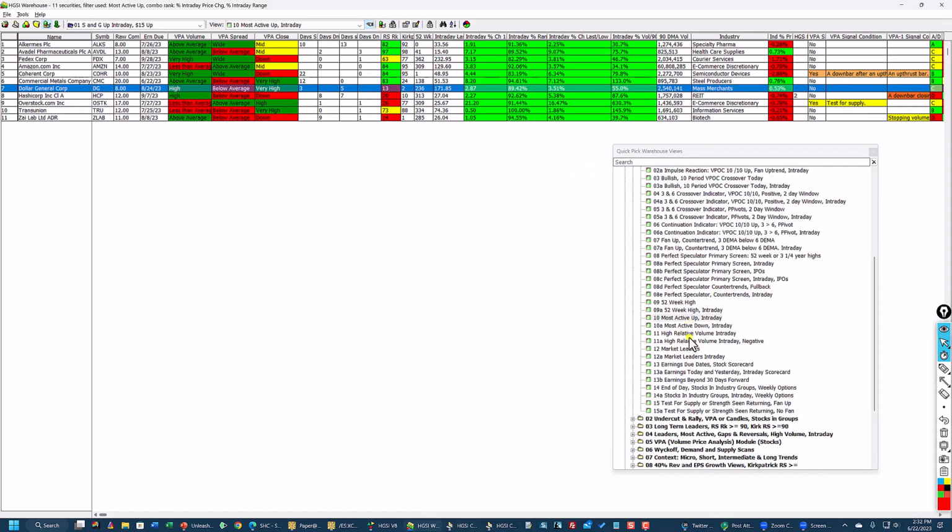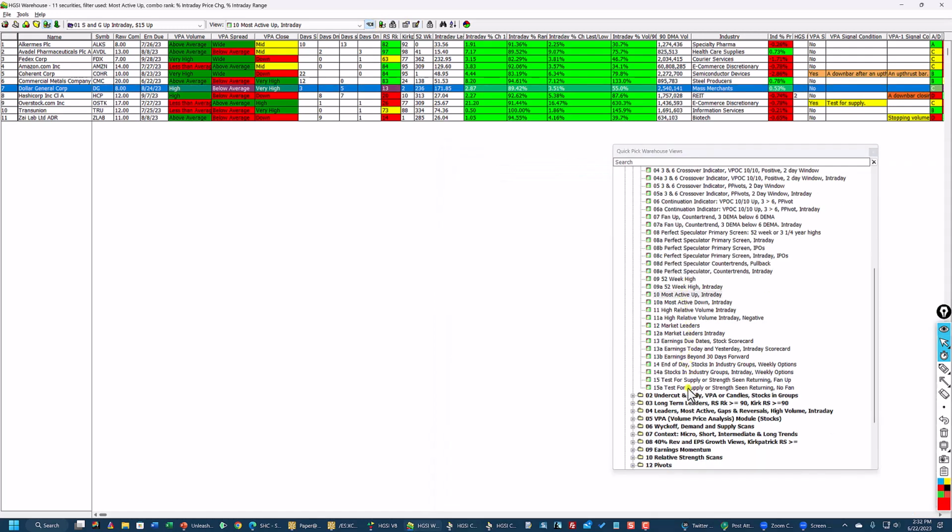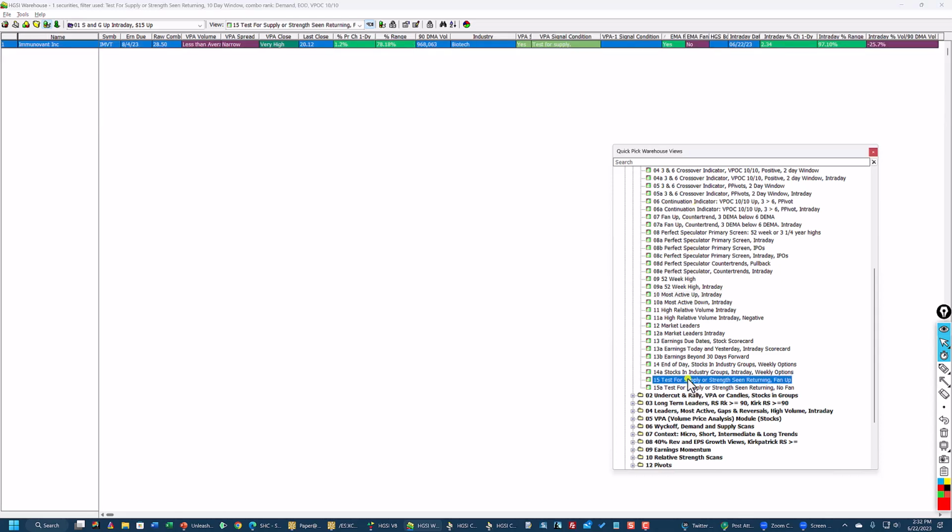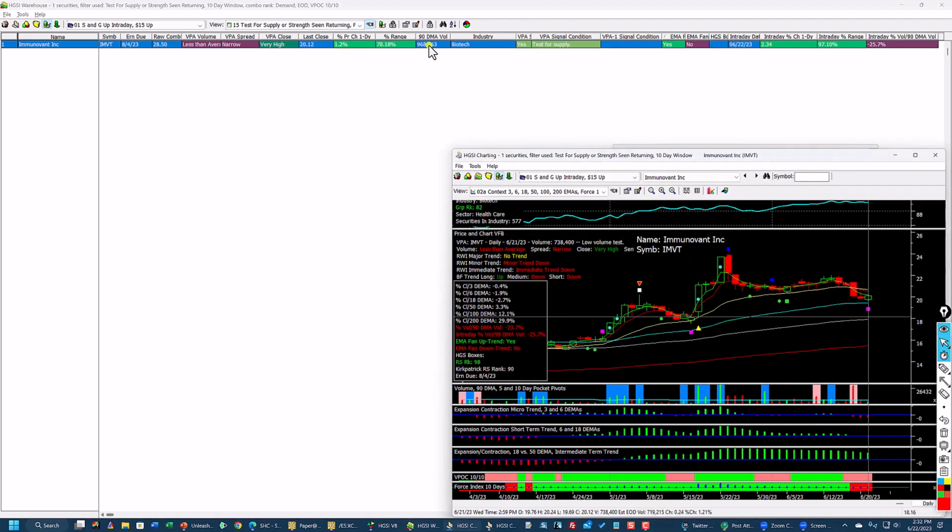Let me bring this back. I'm not going to go through all these, but you can just go through and figure out what most of these are. Let's see if there was a test for supply or strength returning with a fan up. There was one. And right here is the test for supply.